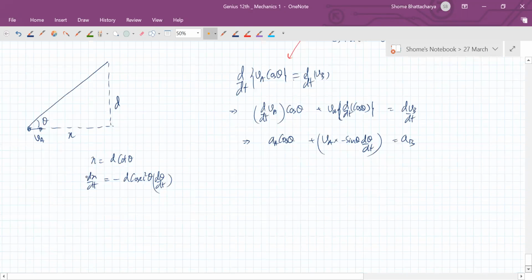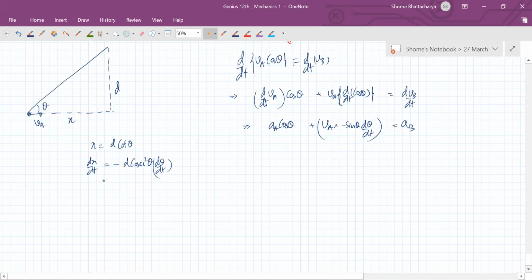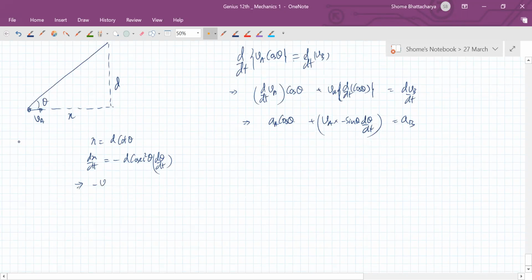Now dx by dt we can see was minus VA, because VA is basically minus dx by dt. Okay, so minus VA is equal to minus d cosec square theta d theta by dt.